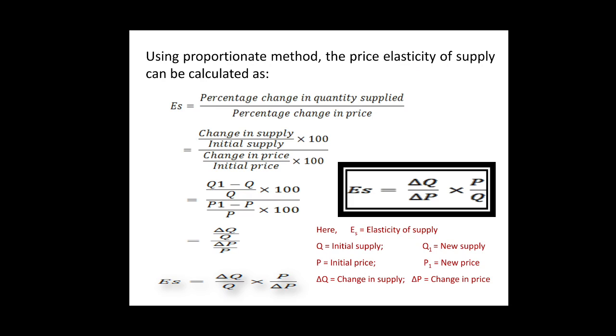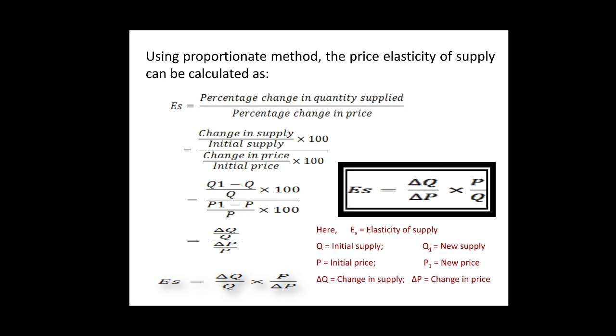So dear students, since price and quantity supplied in usual cases move in the same direction, that is, there is a positive relationship between price and quantity supplied, the coefficient of elasticity of supply is positive, which may range from 0, which means perfectly inelastic, to infinite, which means perfectly elastic.